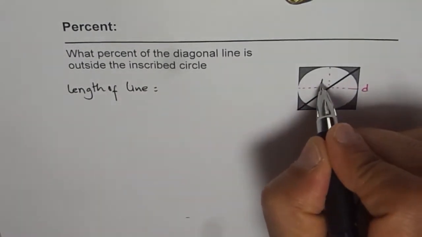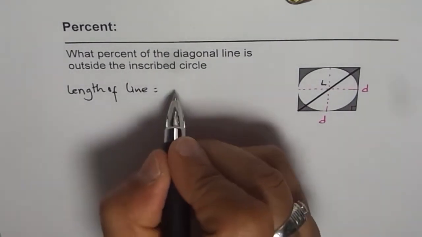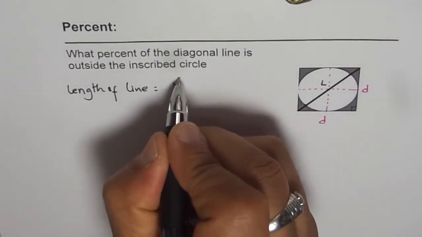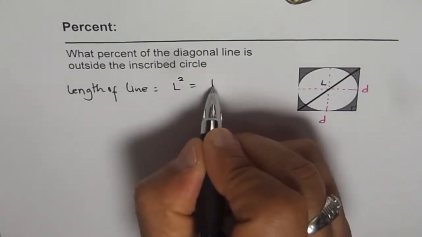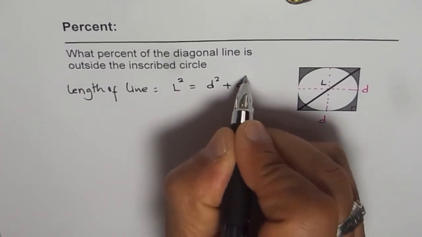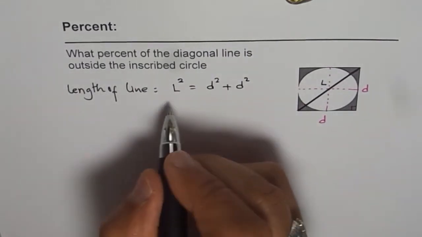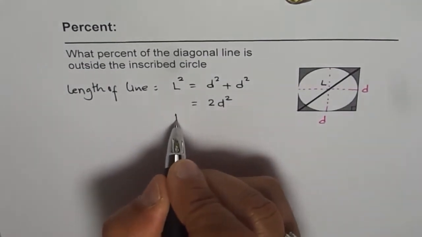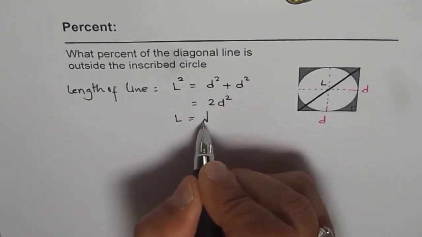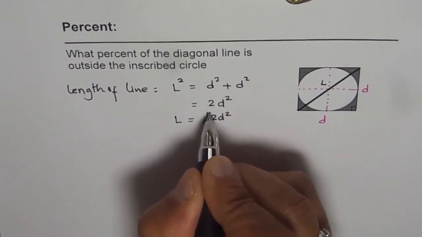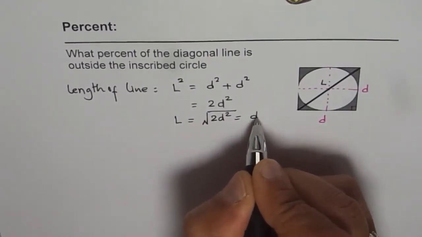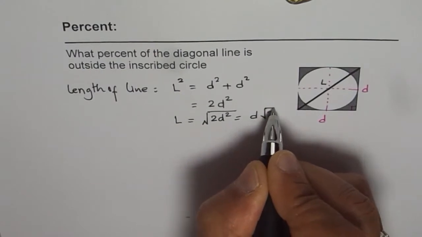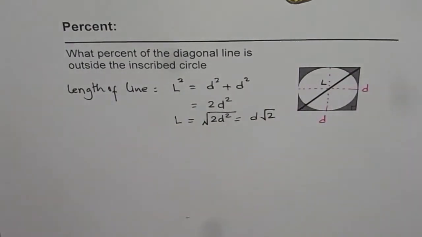Let us say it is L. Using the Pythagorean theorem, L squared equals d squared plus d squared, which is 2 times d squared. So L equals the square root of 2 times d squared. That gives us d square root of 2.